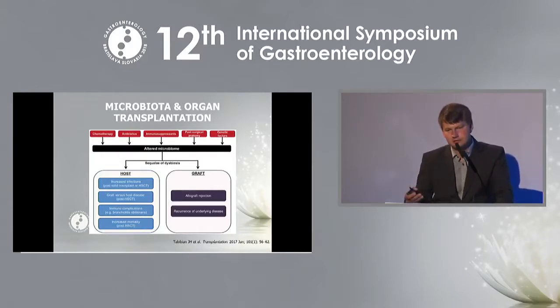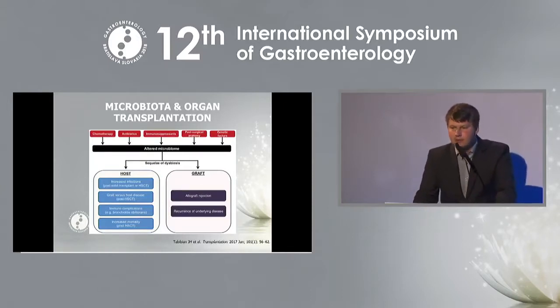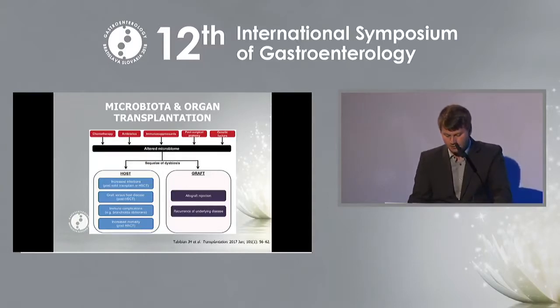But we really need to look into whether this could be used as a biomarker for complications like acute cellular rejection or other complications of the liver transplantation, and stratify the patients into risk groups for the prognosis of the liver graft.